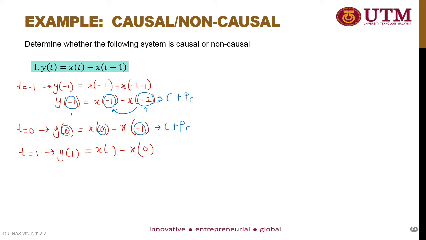The 1 is the current state, and 0 is still lower than 1, so it's the previous state. So when you have combinations of current and previous states, the system is causal because there is no future state.